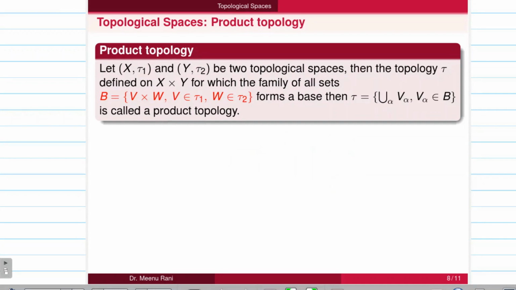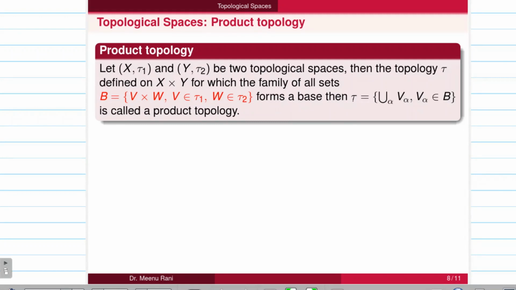Next we define a product topology. Let X and Y be two topological spaces, then the topology τ defined on the Cartesian product of X and Y, for which the family of sets B, where we have taken V cross W, where the first member V is an open set in X and the second member W is an open set in Y, forms a base for the topology τ.